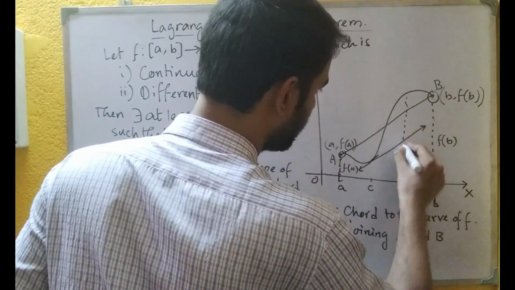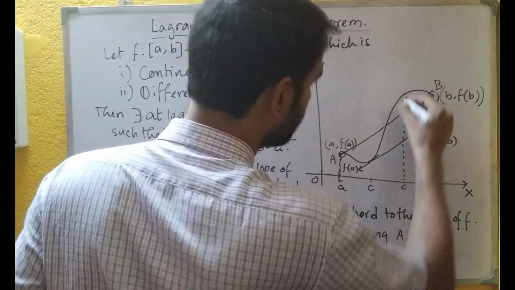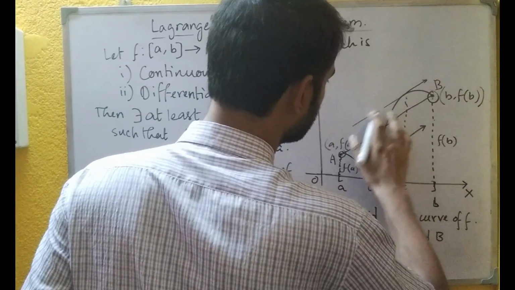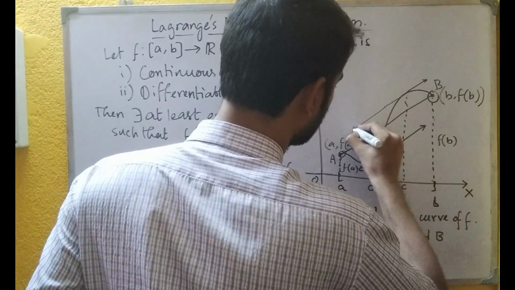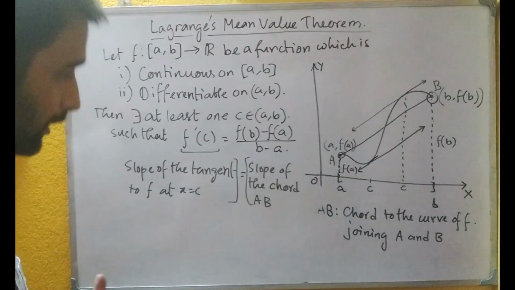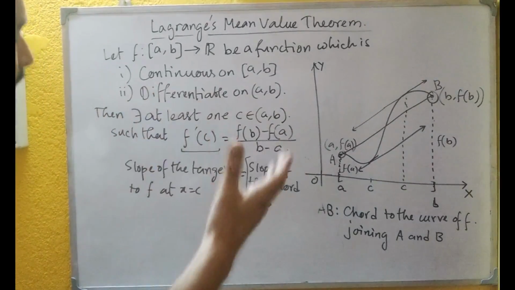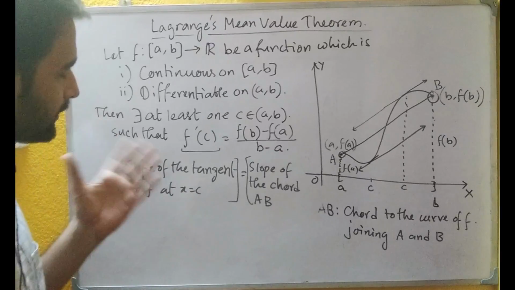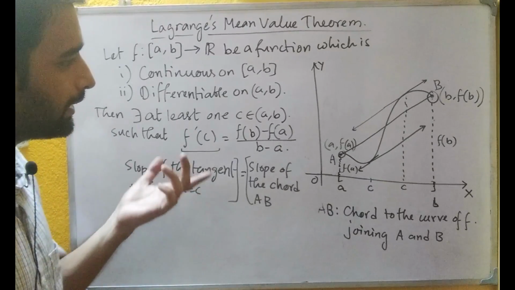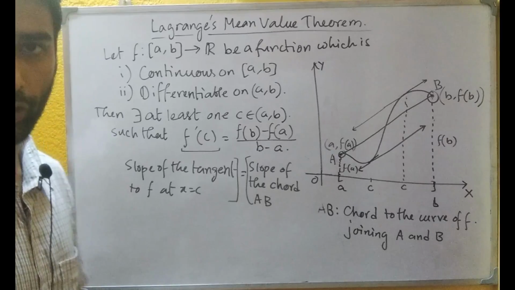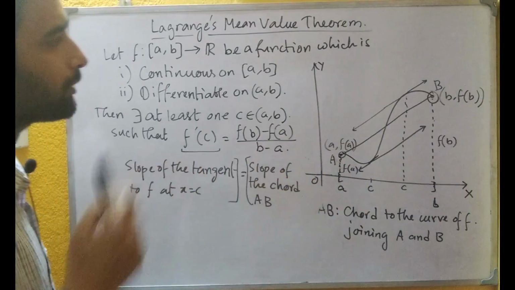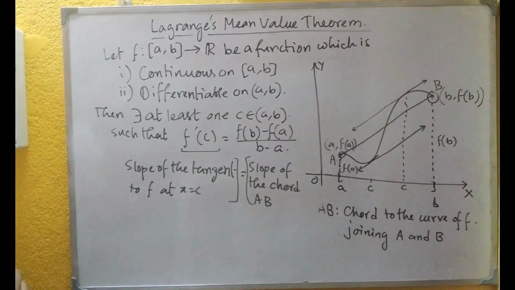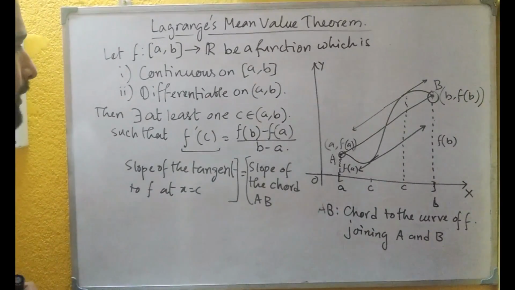This point can also be c where the tangent is parallel to the chord. So basically Lagrange's mean value theorem says about the existence of a point where the tangent is parallel to the chord joining the endpoints of the curve. So this is what we get from Lagrange's mean value theorem.